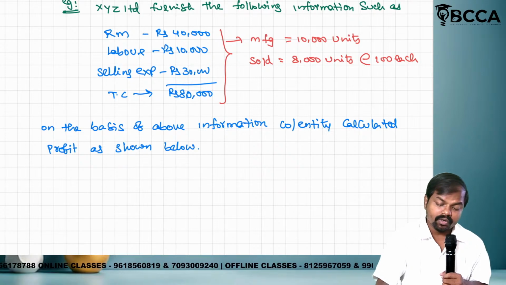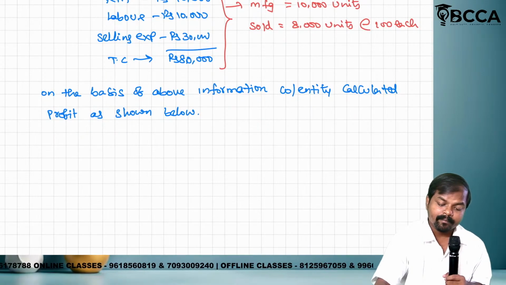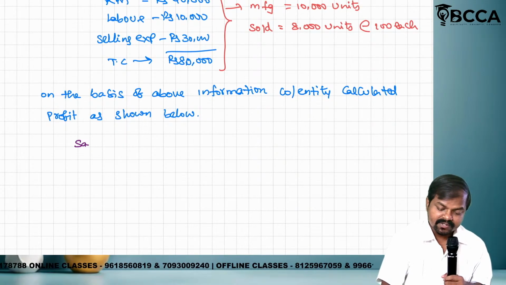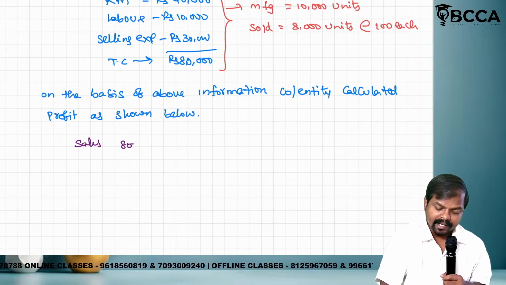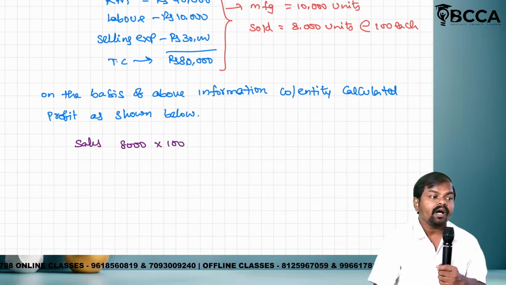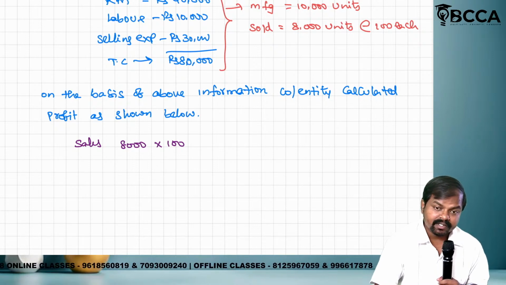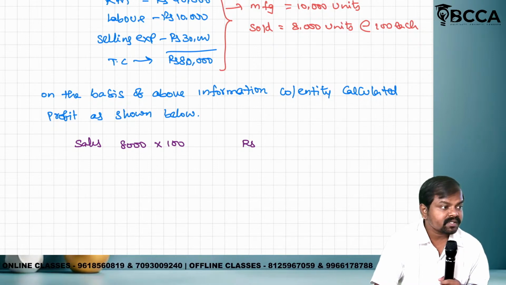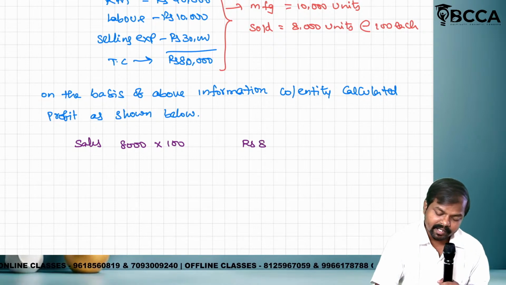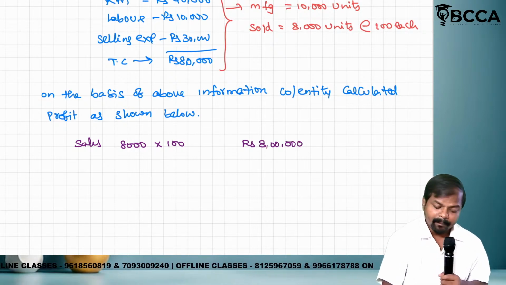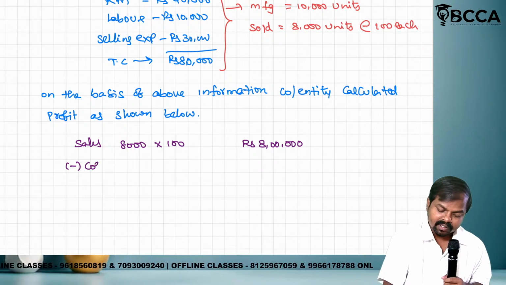Sales: 8,000 units, per unit 100. What is the value? Please check it. Rupees 8 lakhs. Correct? Minus cost.